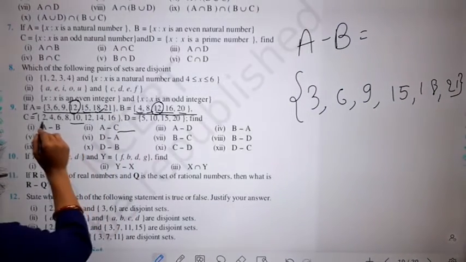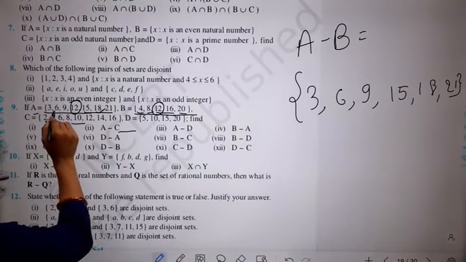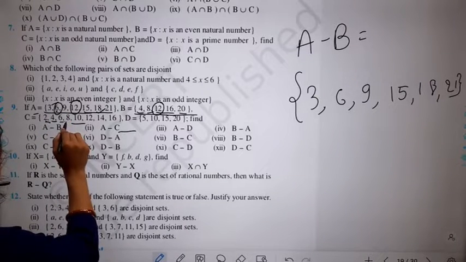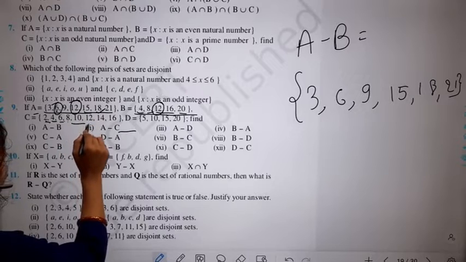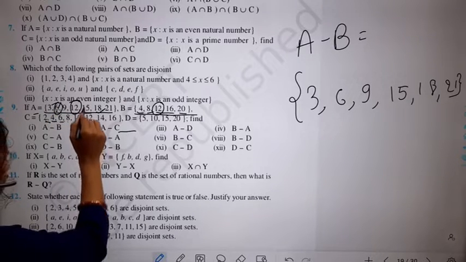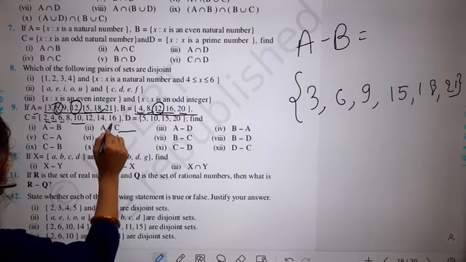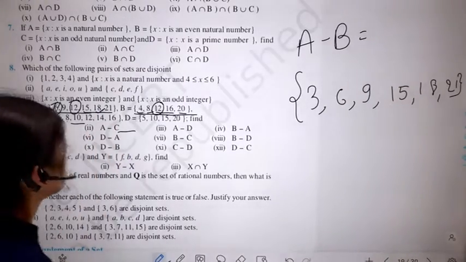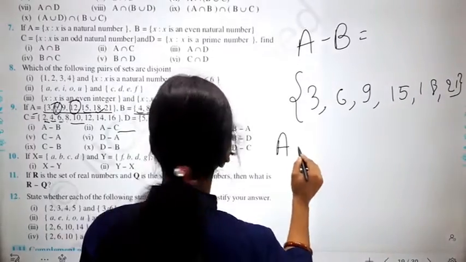2 is not here, 4 is not here, 6, yes, 6 is here, 8 is not here, 10 is not here, 12 is not here, 14 is not here, 16 is not here. Then we subtract only 6. Then what will be A minus C?